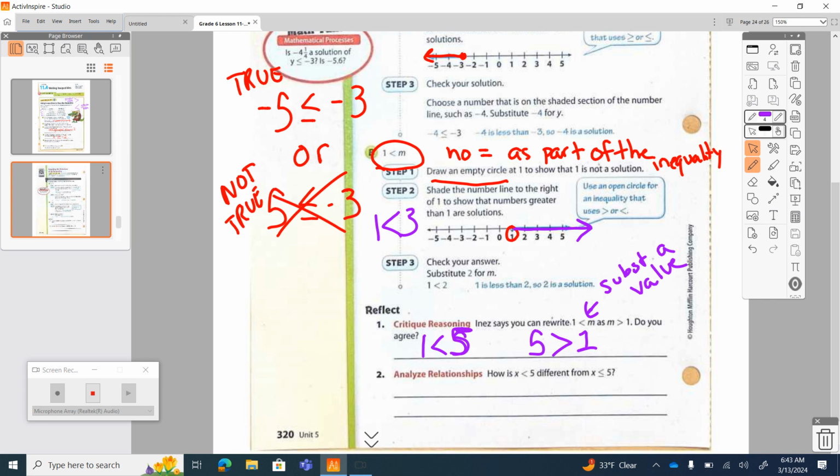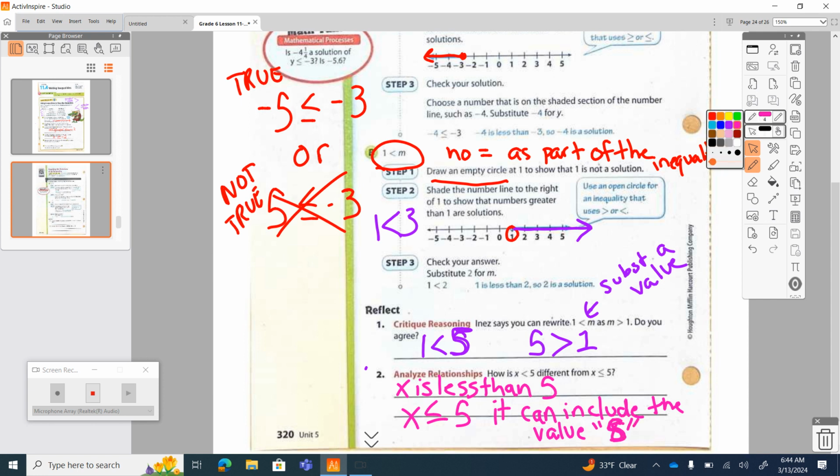So this one, x is less than 5, and x is less than or equal to 5, it can include the value of 5.